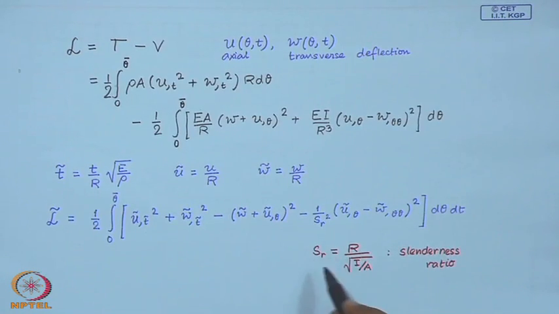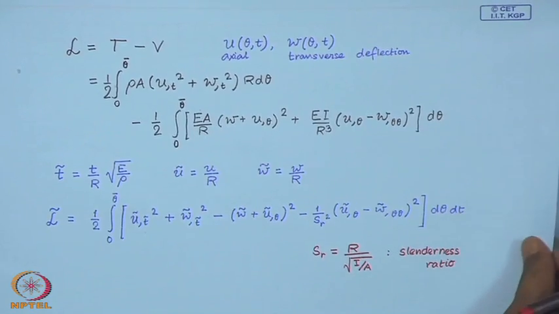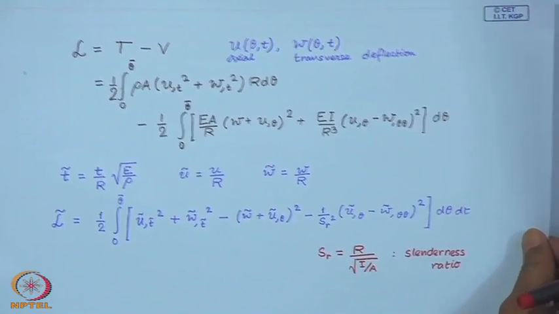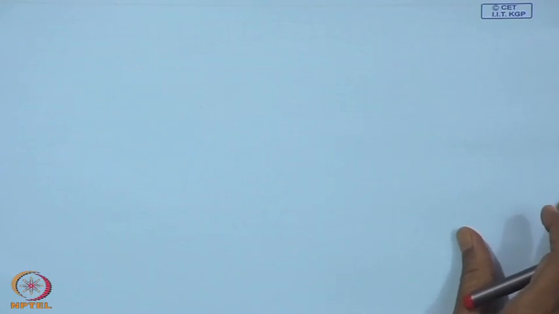So, the higher the value, the more slender it is. So, it is the radius of curvature divided by the radius of gyration of the cross section about the neutral axis. Now, with this Lagrangian, we derived the equation of motion.